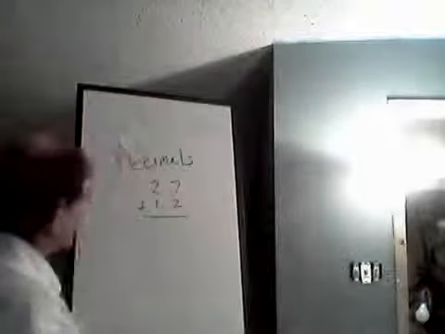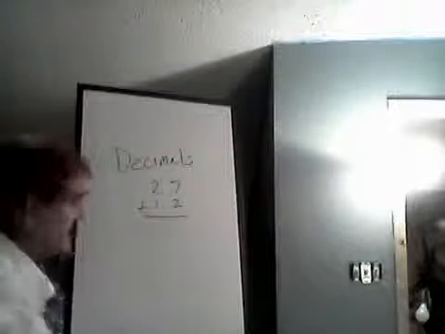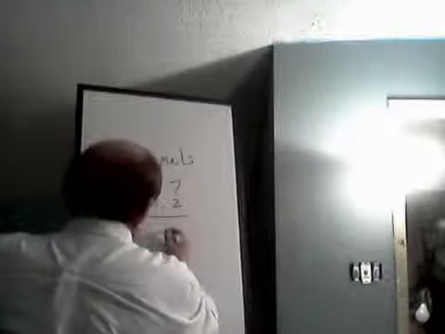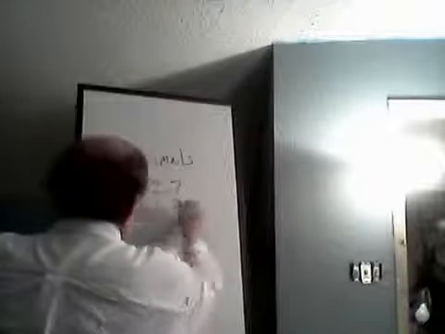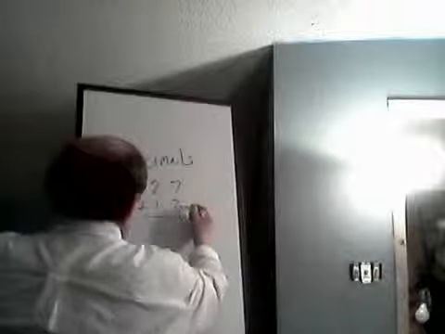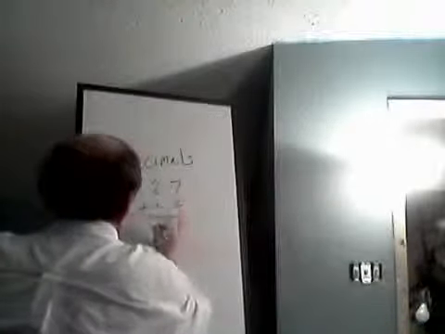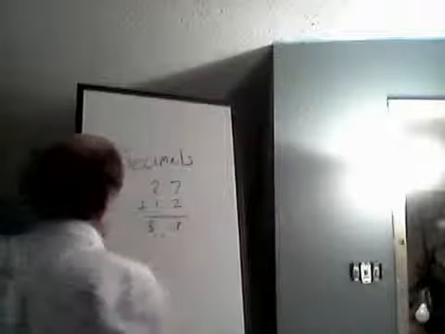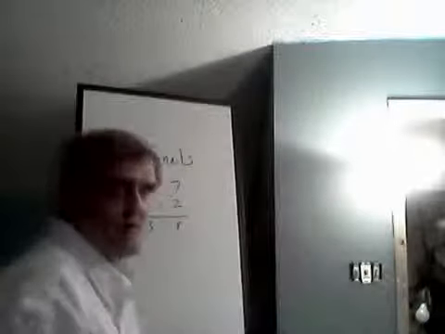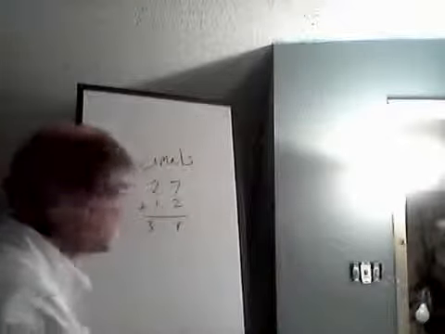Okay, you follow me so far? Well, when you're adding, all you have to do is bring the decimal down like this right here, and you go 7 plus 2 is 9, and you get 2 plus 1 is 3. 3.9, or 3 9/10. See?